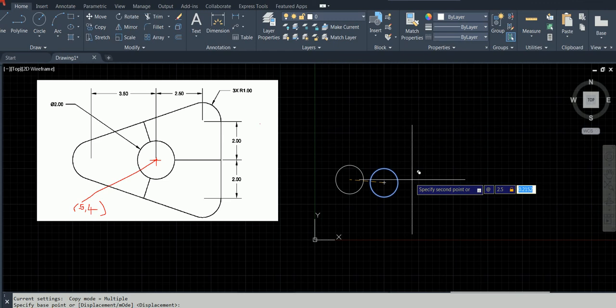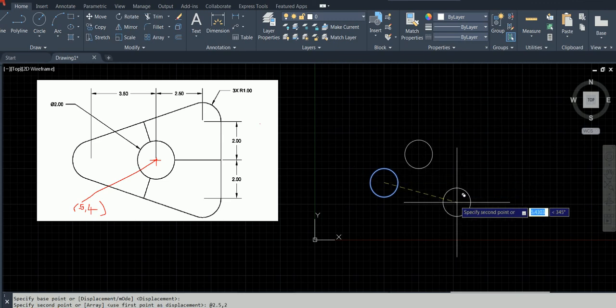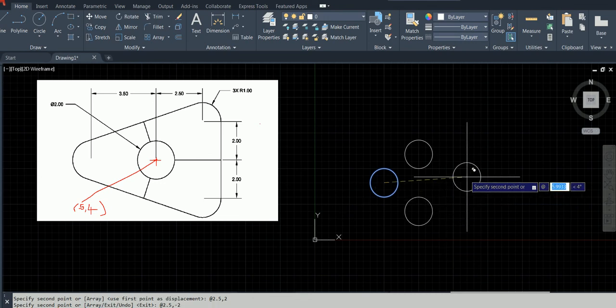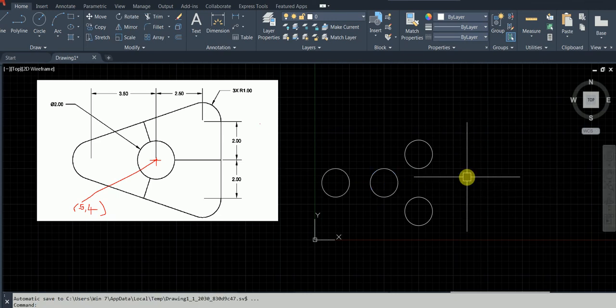Relative, huh? Okay, at 2.5 minus 2, at minus 3.5 comma 0. Okay, then what you're going to do, you learn something called as tangent.